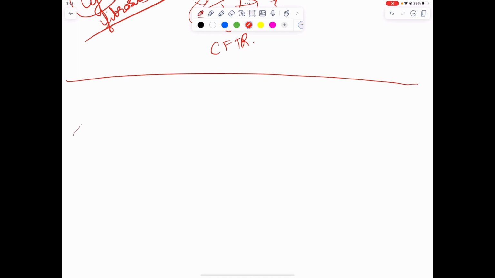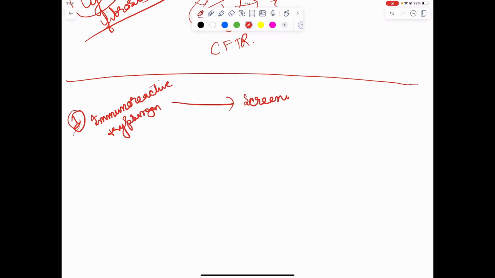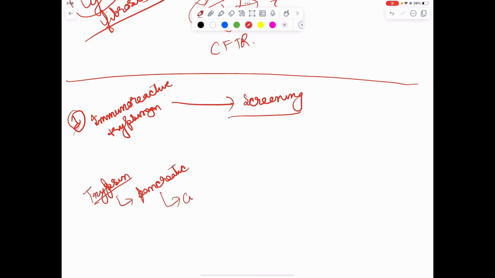Remember, first is immunoreactive trypsinogen, which is used for screening. For any screening method, it has to be easily done. Trypsin enzyme is not able to be pushed out of the pancreatic duct, so it accumulates there and then comes into the circulatory system.